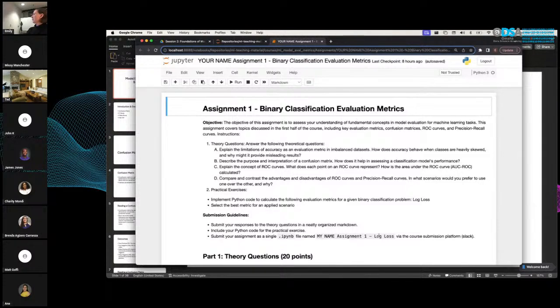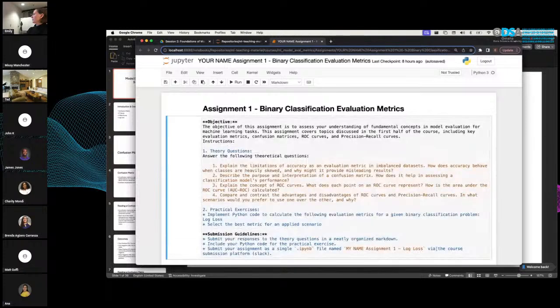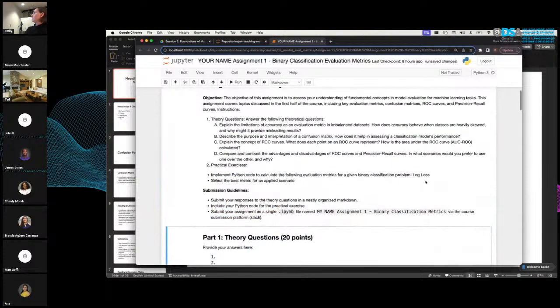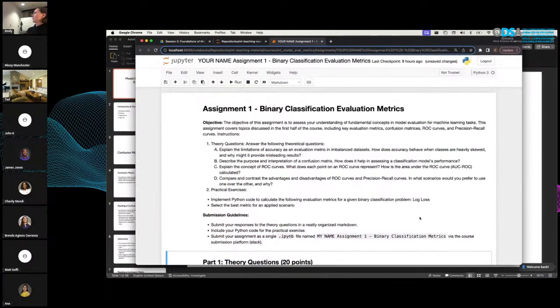I'm learning as we go. Oh, this is actually supposed to say not log loss, but this was before I totally decided the name. Binary classification metric. Sorry, ignore that log loss piece there. That's the downside with putting them in the Google Drive. When I make changes, it doesn't update.